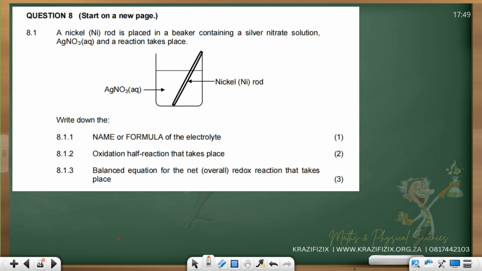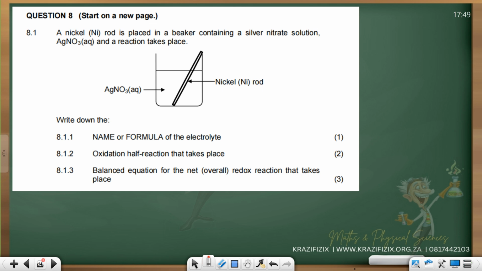Look at this one. Guys, please, let's look at this. A nickel rod is placed. I'm going to answer this for you. So they've tweaked this question a little bit, but it is similar to what I did. A nickel rod, you can see the nickel is the solid, is placed in a beaker containing what?